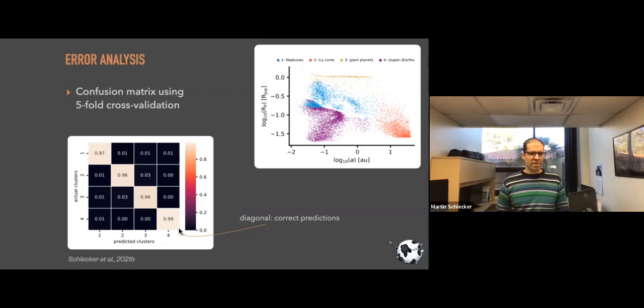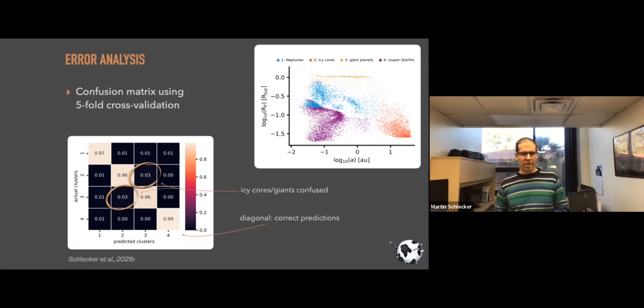And we see that misclassifications are typically neighboring planet types, so neighboring in the parameter space, which here I'm showing you, the radius semi-major axis space where these different clusters live, and usually they're confused. So neighboring planet types are confused with each other.